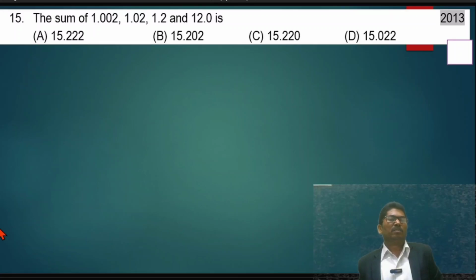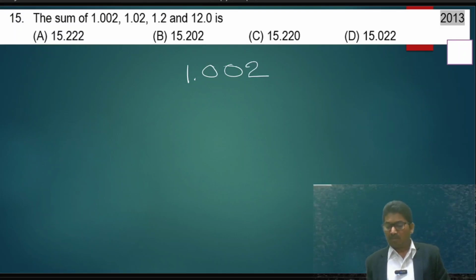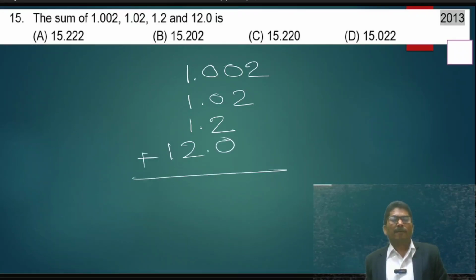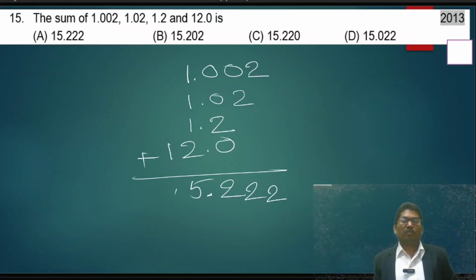Next question, 15. The sum of 1.002, 1.02, 1.2 and 12.0 is... sum: 1.002, 1.02, 1.2, 12.0.